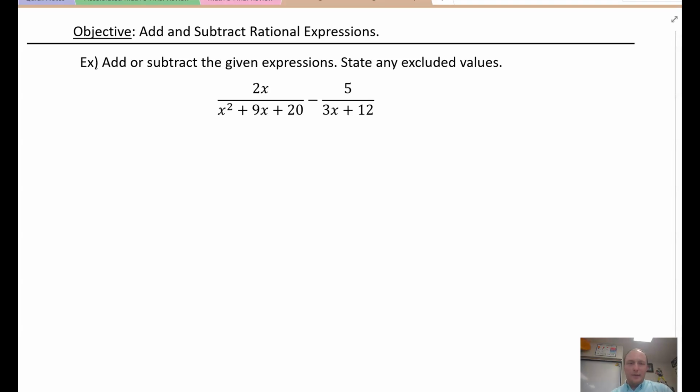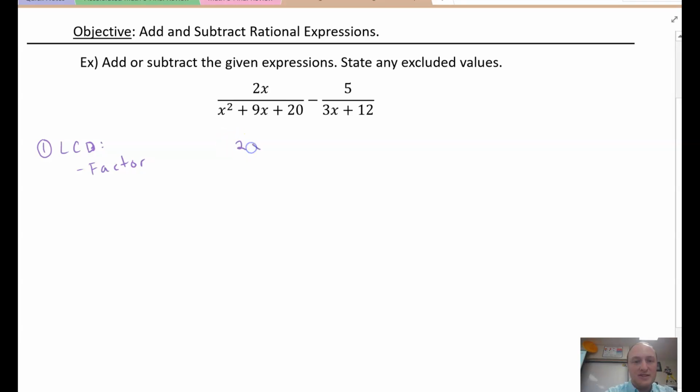Okay, so here we're asked to add or subtract these given expressions and then state any excluded values. Just like I said, step 1 is to identify your lowest common denominator, your LCD. How do you find your LCD? You need to factor your expressions, so make sure the denominator is broken down so you can see the factors.